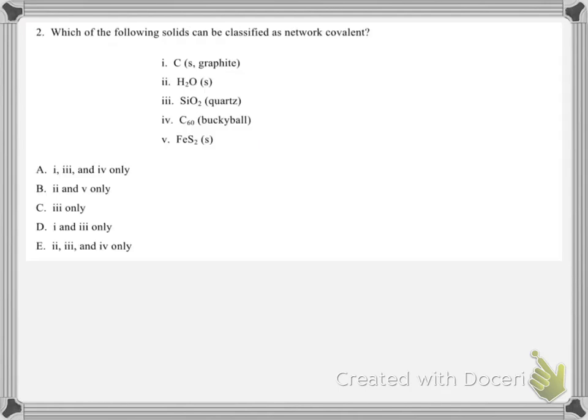In question 2, they ask which solids would be classified as network covalent solids. Network covalent solids have a structure that connects the layers above and below with each other. You can imagine this is a diamond. All the atoms are interlaced and interconnected. That's one of the reasons why they're so strong.